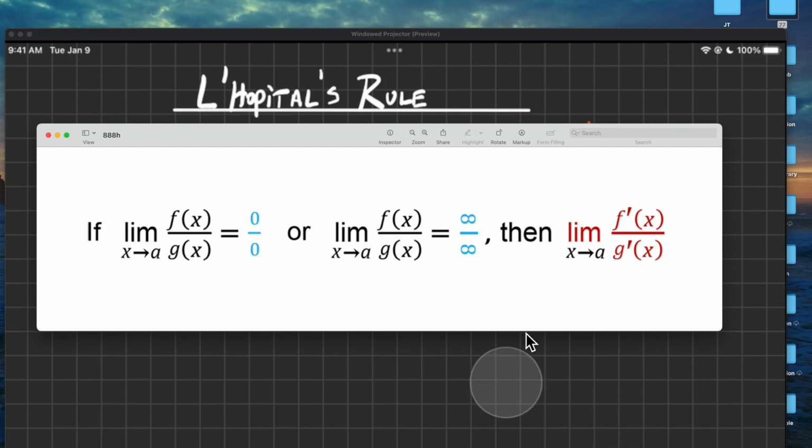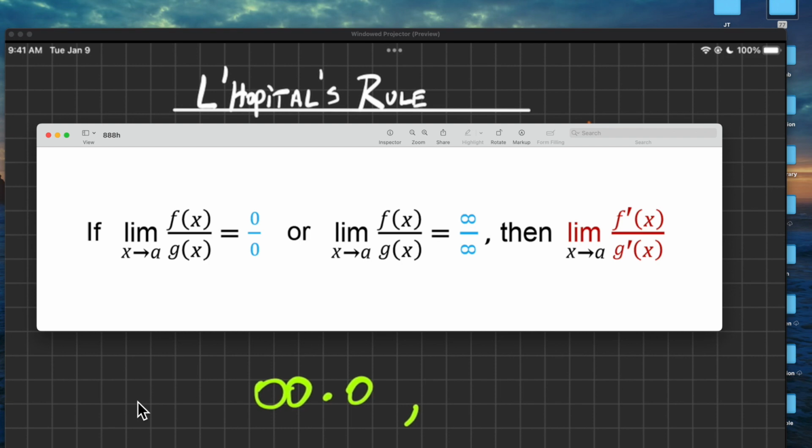Now, in addition to getting 0 over 0, which is indeterminate, and then using L'Hopital's, or the same with infinity over infinity, when you initially try to plug in values for a limit, you might get something like this: infinity times 0.